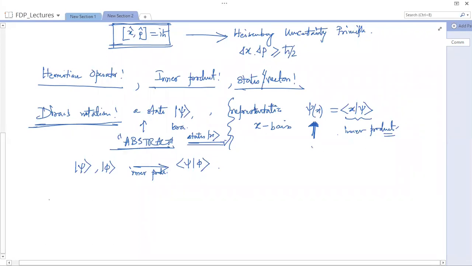But what is a Hermitian operator? What does this inner product mean? Inner product means the integral of psi star of x with phi of x.